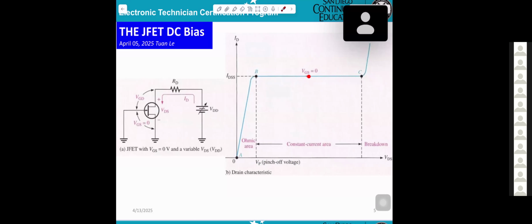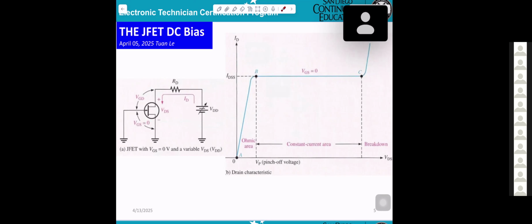And the current now will be equal to the current they call IDSS. Basically, the current IDSS is made by the manufacturer. When they build the JFET, they give you the current ID at IDSS.